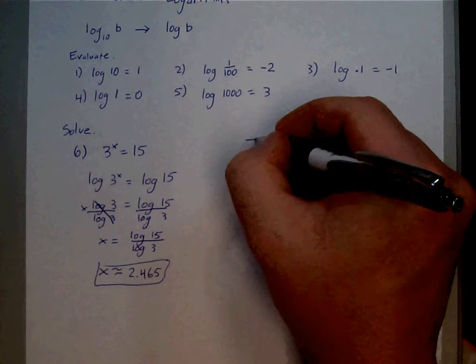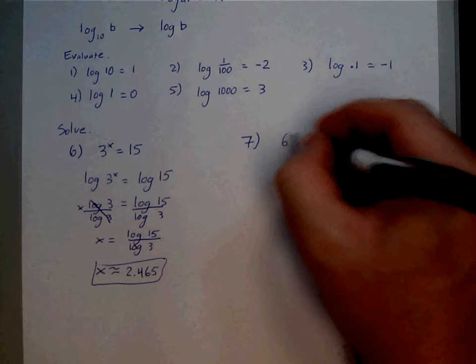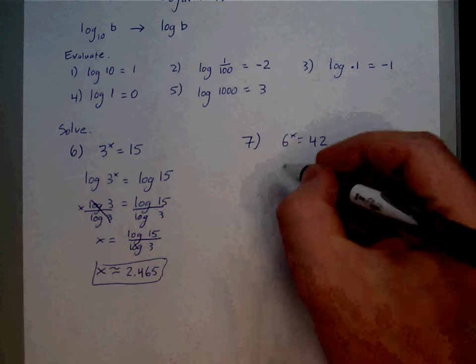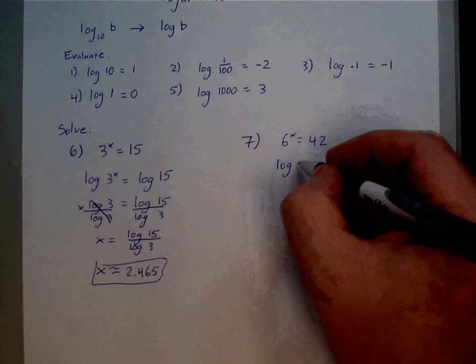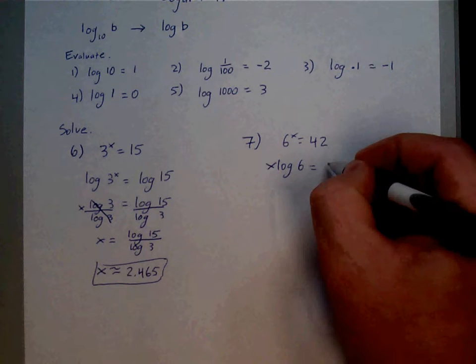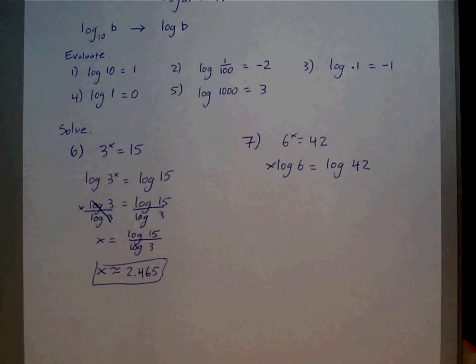So one more of those. Let's take 6 to the x equals 42. So we would simply log both sides. And I know that that x is now going to move in front, out of the exponent. So we have x times log of 6 equals log of 42.